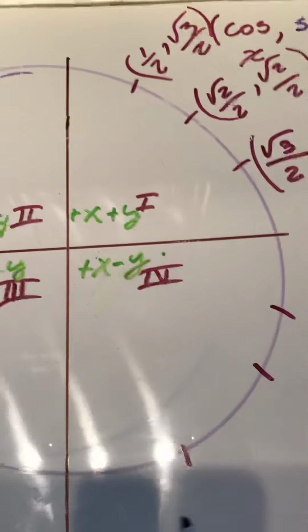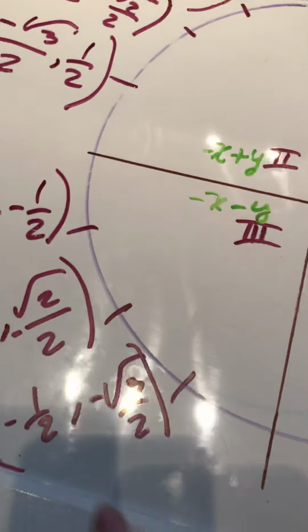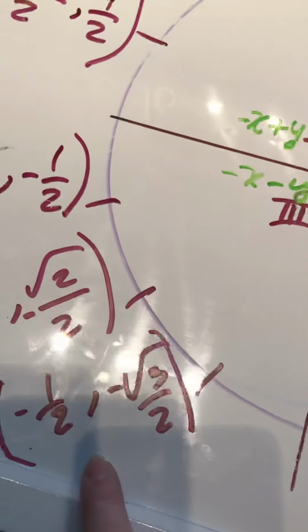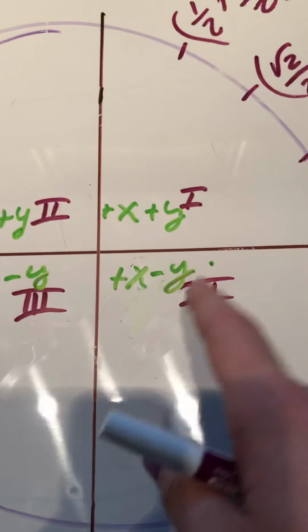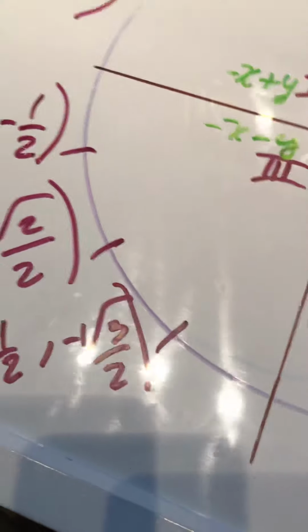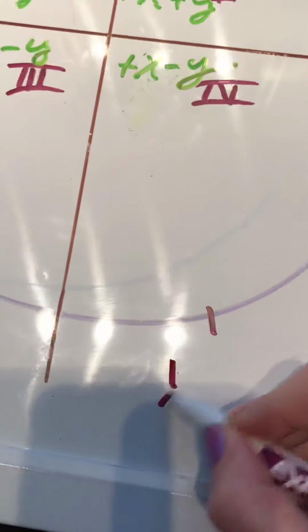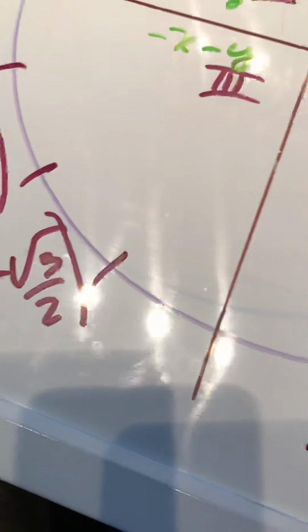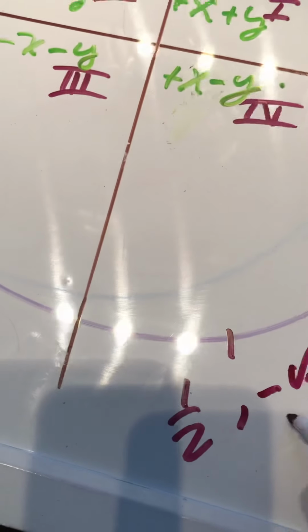And then we're going with the next one. If we finish here, this one, we're gonna start with the same, just flipping the signs. So here we have positive x, negative y. So we're gonna do that, positive x. So it's gonna be 1/2, comma, negative square root of 3 over 2.